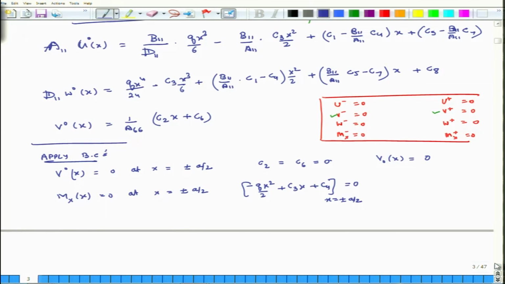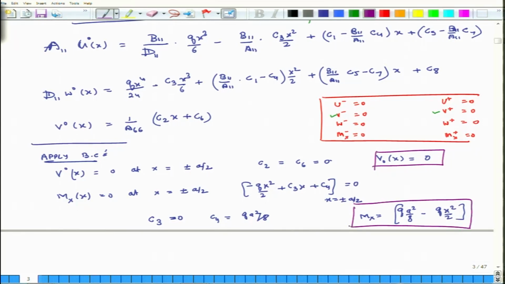So, if we implement these boundary conditions, what we find is that C3 is equal to 0 and C4 is equal to q a square over 8. So, the relation for mx works out to be mx is equal to q a square over 8 minus q x square over 2. So, this is the relation for mx.